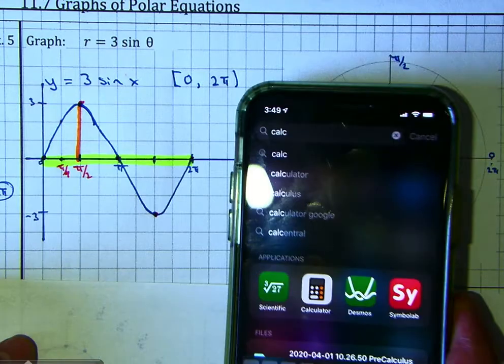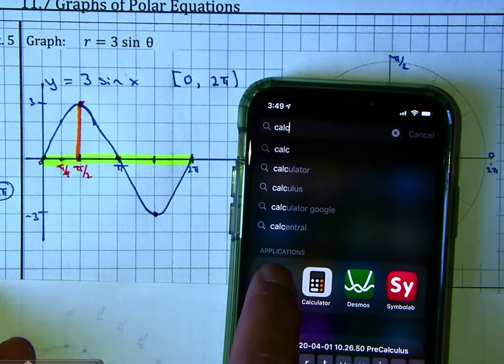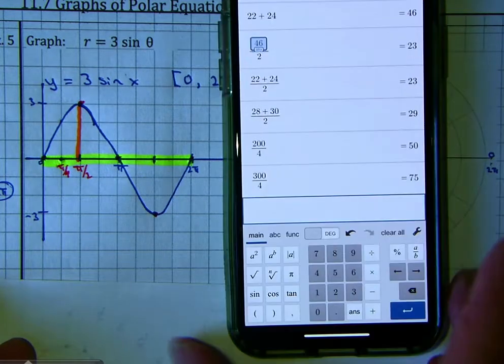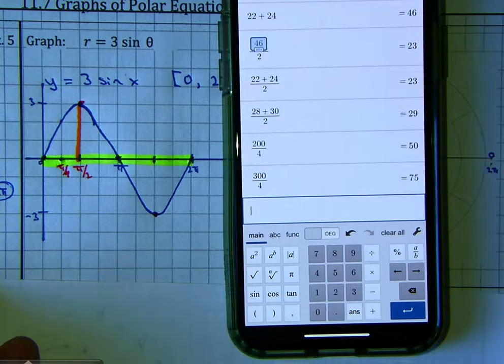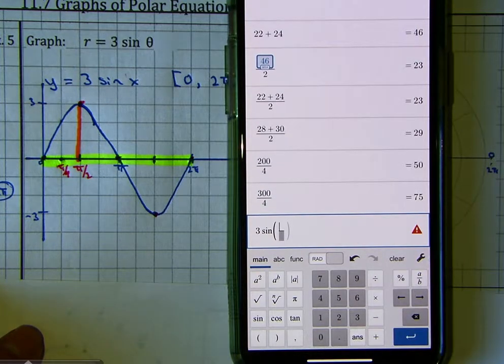I usually use Desmos to graph, but this Desmos calculator works really well, and I use it all the time if I don't have a graphing calculator. So I can type in 3. I want to make sure that I'm on radians, the sine, and I'm going to place my fraction bar, and that'll be pi over 4. And let's see, where's my pi?